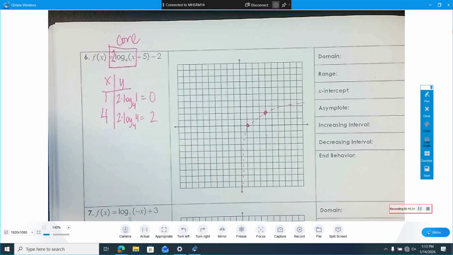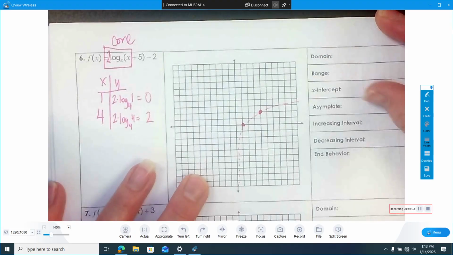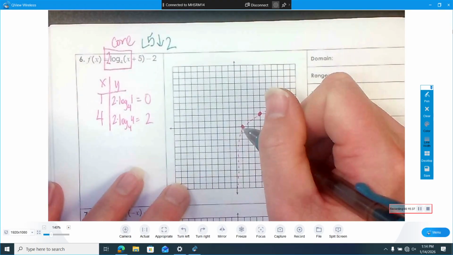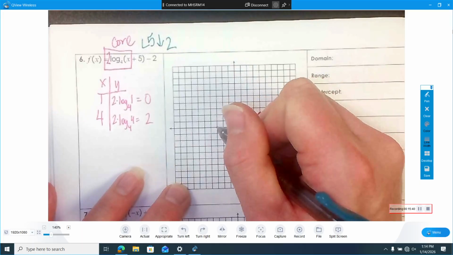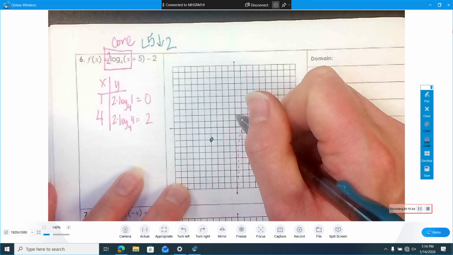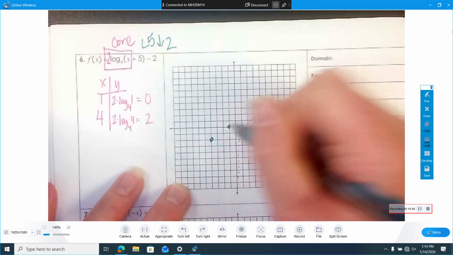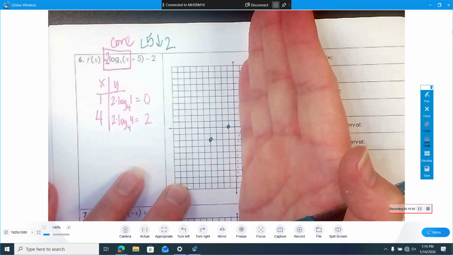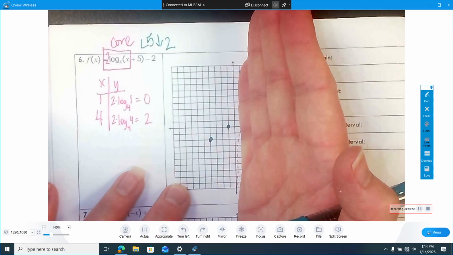Vertical stretch, and then how do we shift it? Left 5, down 2. Very good. So we're going to go left 1, 2, 3, 4, 5, down 2. Left 1, 2, 3, 4, 5, down 2. What happened to my vertical asymptote? It always shifts with the graph.